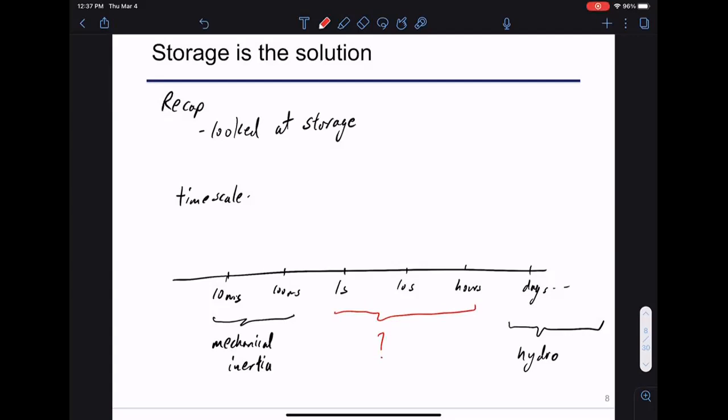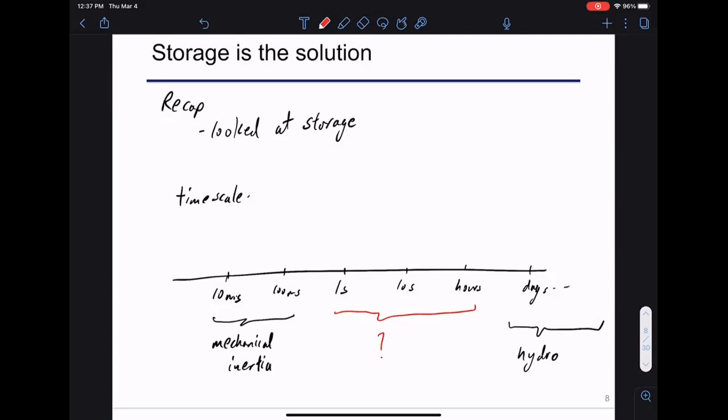Before, we had the very short time scale, that mechanical stuff, and the very long time scale. Pumped hydro is an old, obvious technology you want to use to store power, but that's very dependent on where you are, whether you can tap into that or not. And in the middle is really something we're looking for now.